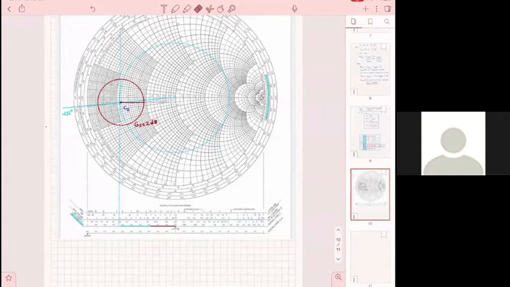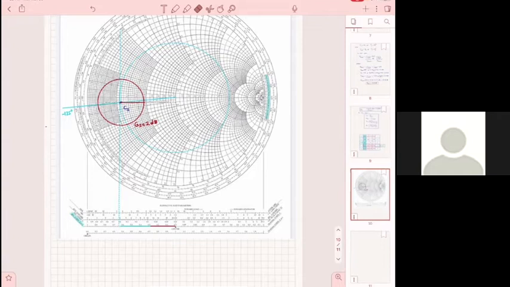All right. Then we find the gamma L from the output matching network circle, anywhere inside that circle. Yeah, you're talking about the unilateral case. In the unilateral case, because the output matching network and the input matching network do not interact, you design the output matching network for maximum power, which is the complex conjugate matching.